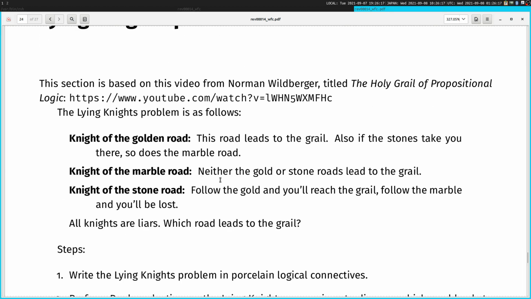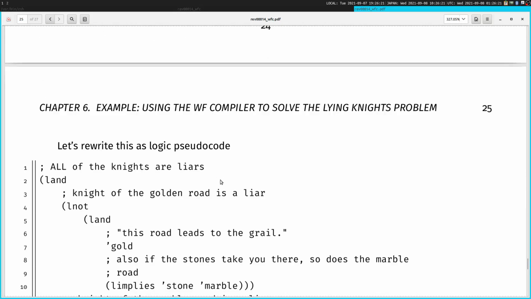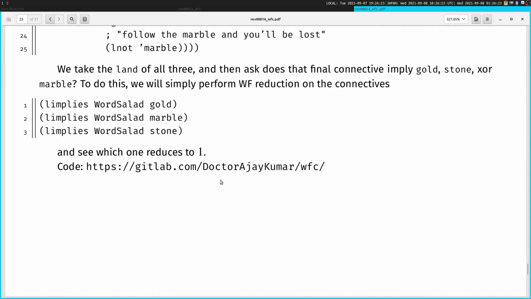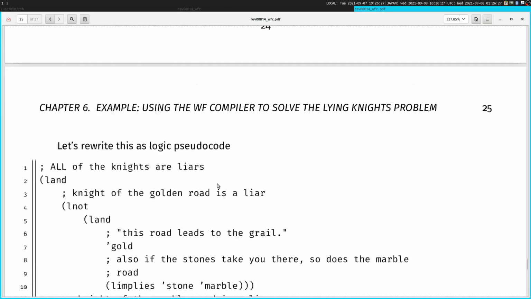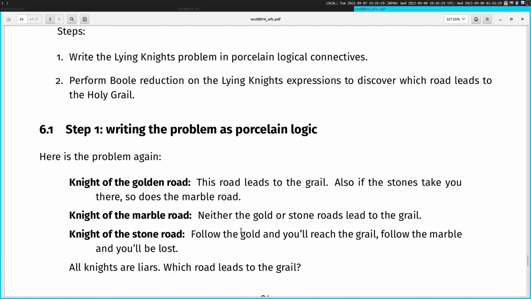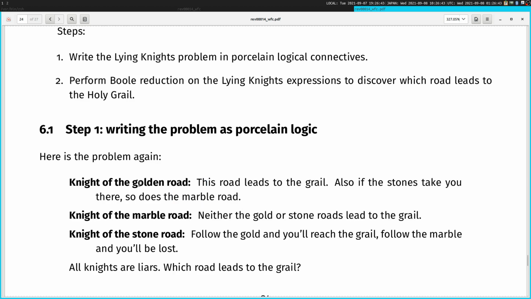This is called the Lying Knights problem, or I don't know what it's called. We talked about this in the podcast. It's a really complicated riddle that you can write as logic. You take the negation of each of these, because each knight is a liar, then take the conjunction, the and, of all three, and ask: does that conjunction imply gold, marble, or stone?